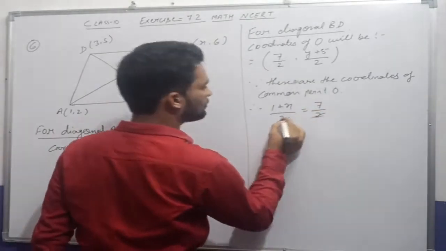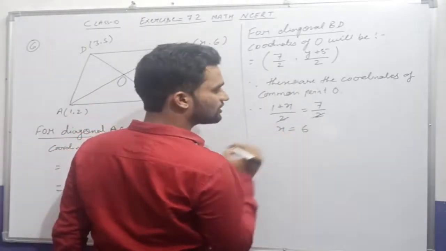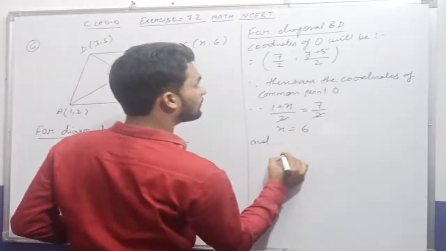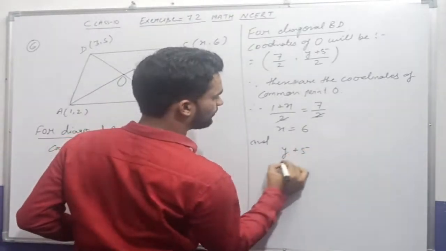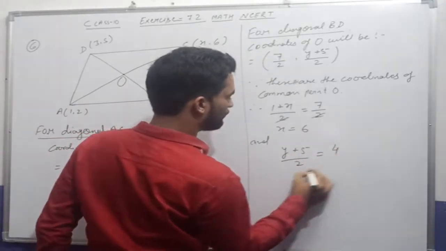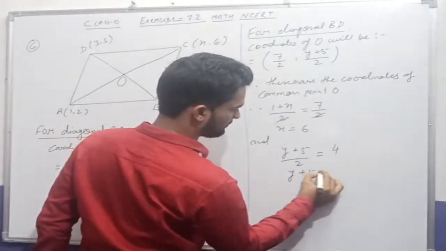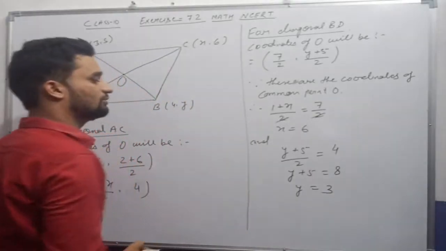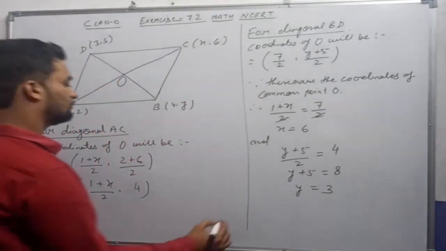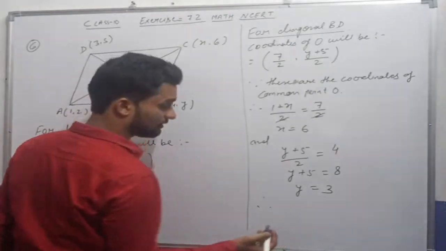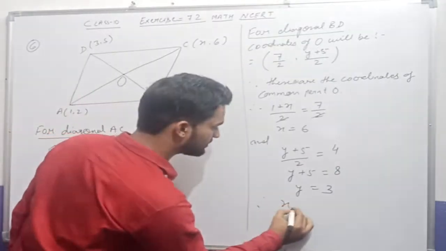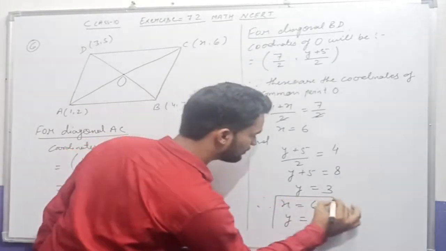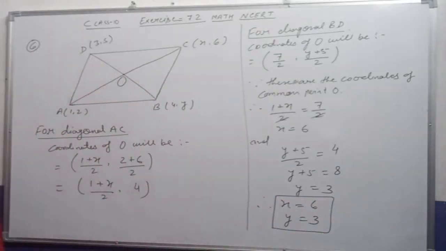This will cancel out. So x must be equal to 6, and this (y plus 5) by 2 must be equal to 4. So y plus 5, cross multiply, 8, y must be equal to 3. Therefore we had to find the value of x and y. So x is coming 6 and y is coming 3. This will be your answer.